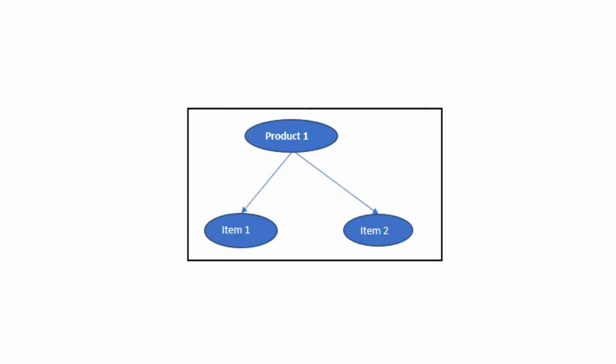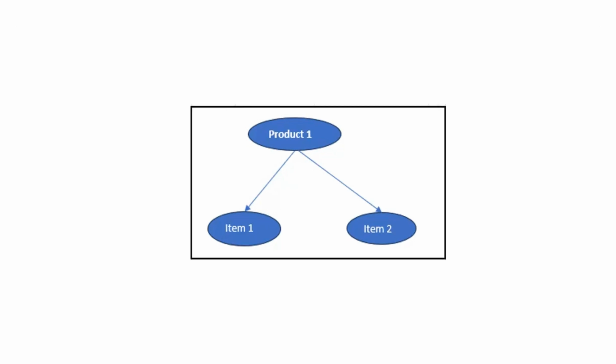So here we can see that one product can have two items, item 1 and item 2, but each item should have only one product, which in this example is product 1. So item 1 and item 2 both are mapped to product 1, and they will not be mapped to any other product in the system.